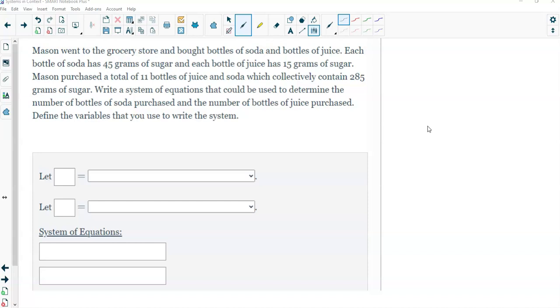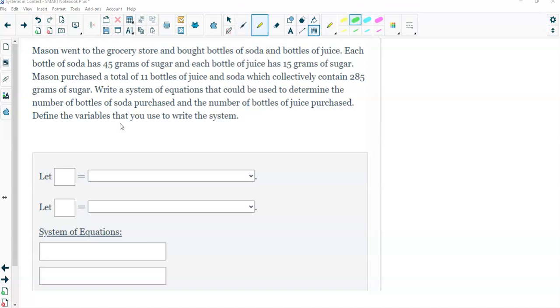Mason purchased a total of 11 bottles of juice and soda, which collectively contain 285 grams of sugar. Write a system of equations that could be used to determine the number of bottles of soda purchased and the number of bottles of juice purchased. Define the variables that you use to write the system. So you can use your own variables.